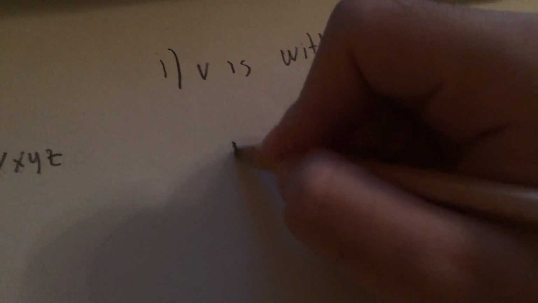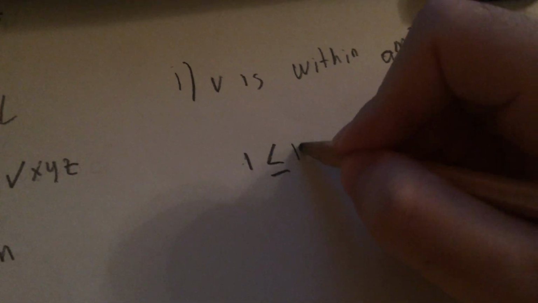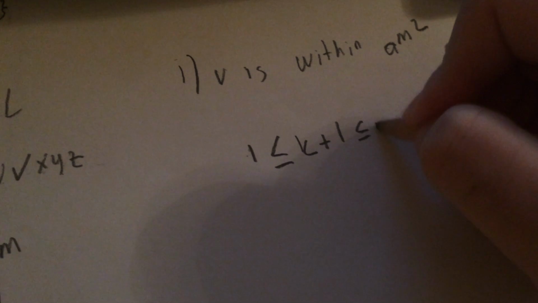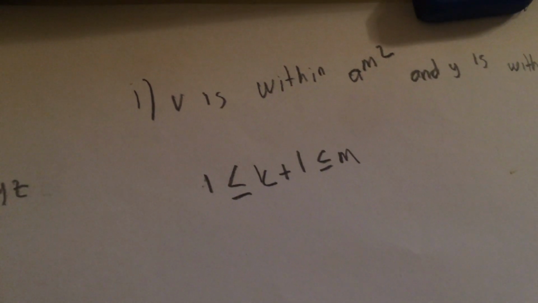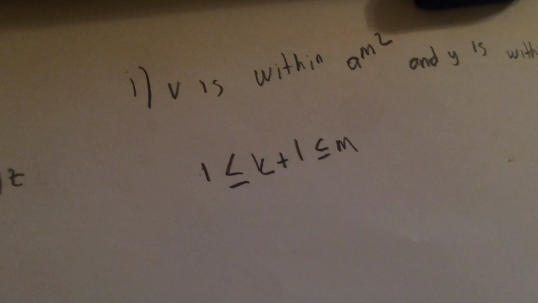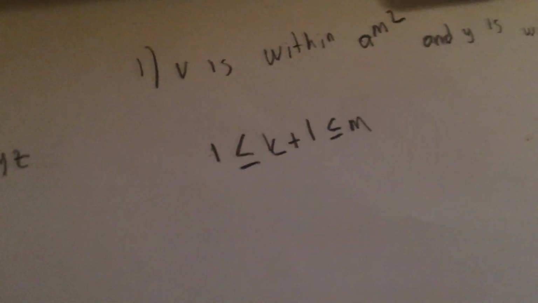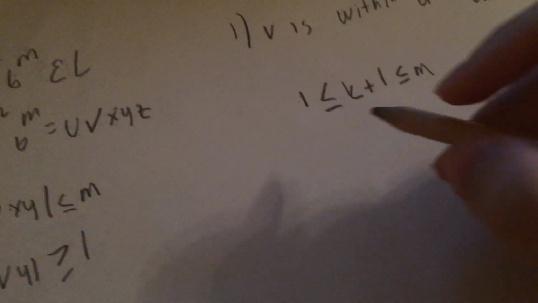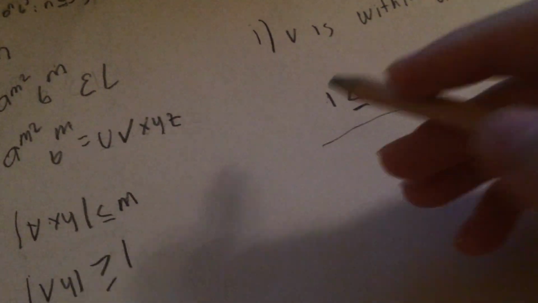That means 1 is less than or equal to k plus l, which is less than or equal to m, because vxy is at most m and v and y together are at least 1. After that, we're going to consider where l is greater than or equal to 1.